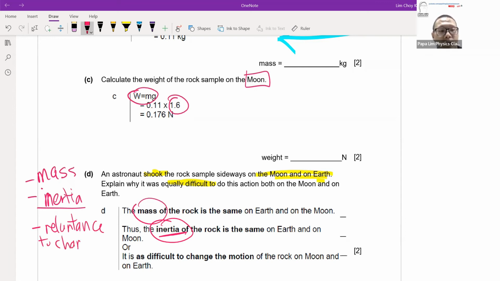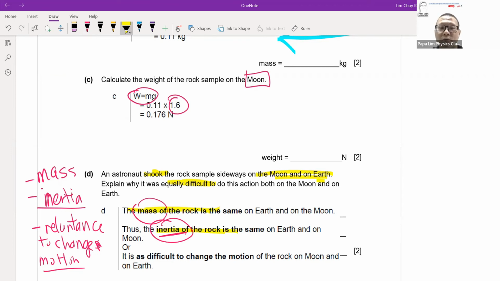These are what we call the keywords. So in your answer, the students need to highlight all these keywords. So for this question, the astronaut mentioned that it's both equally difficult to shake the rod. Why? Because the inertia of the rod is the same. Why? Because the mass of the rod is the same.